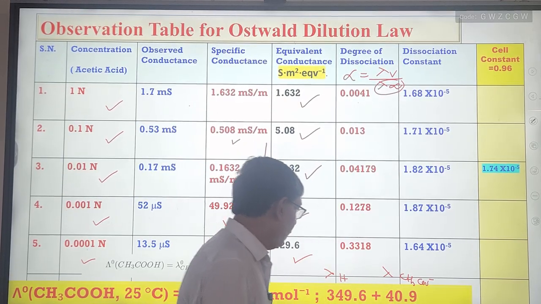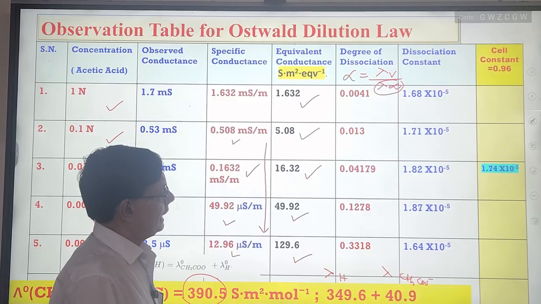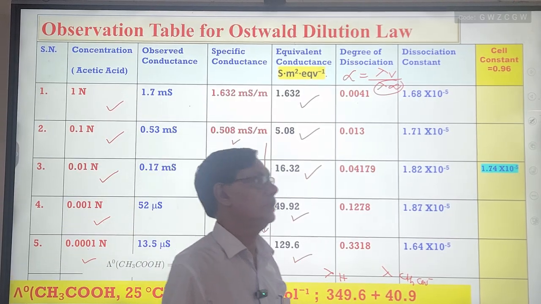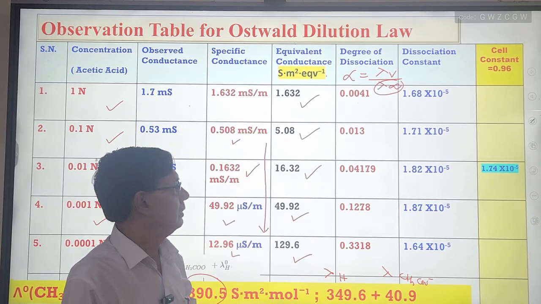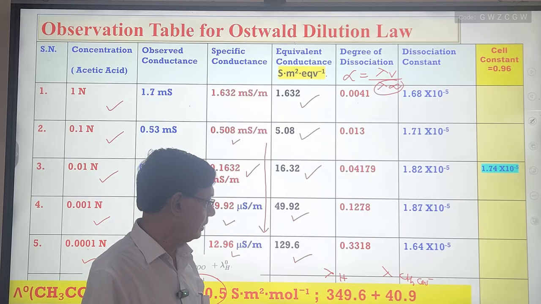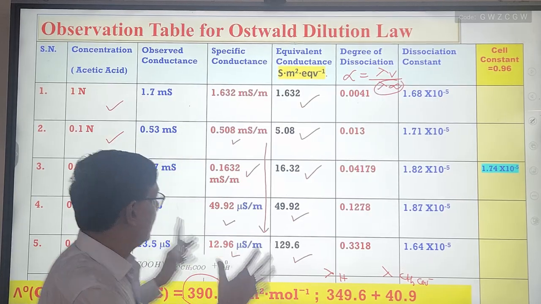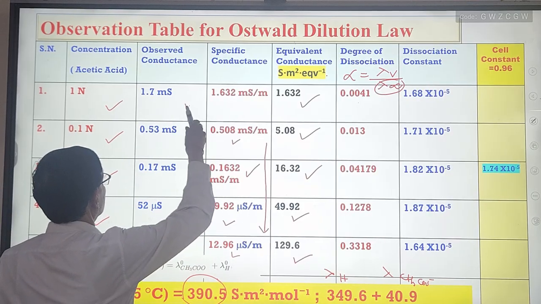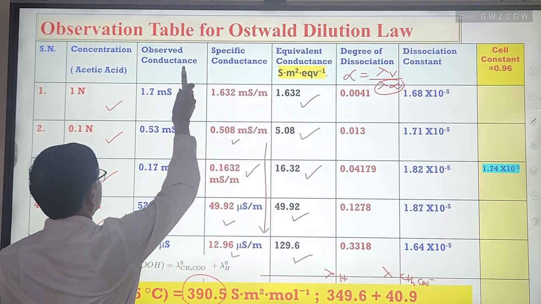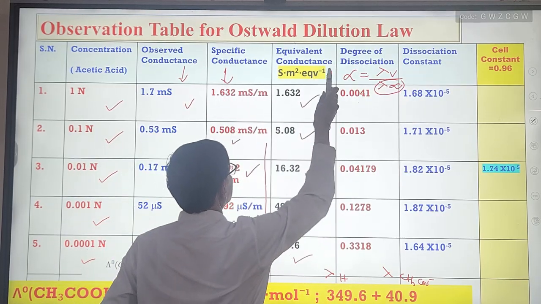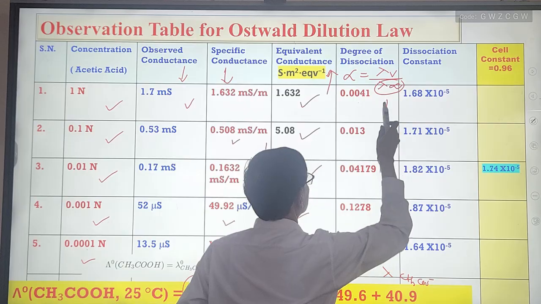So the degree of dissociation, the extent of dissociation, increases when you dilute the solution, as you know from Arrhenius theory or the Ostwald dilution law. So the trend is all right. Observed conductance decreases, equivalent conductance increases, and degree of dissociation increases.